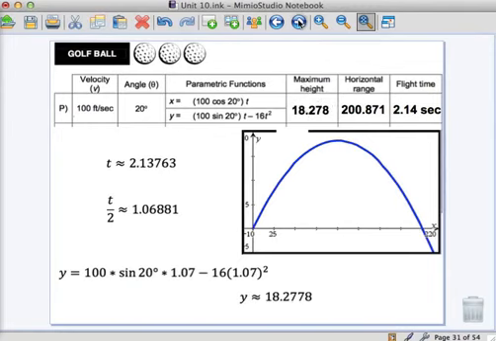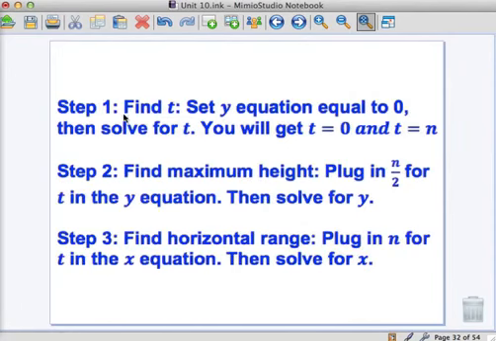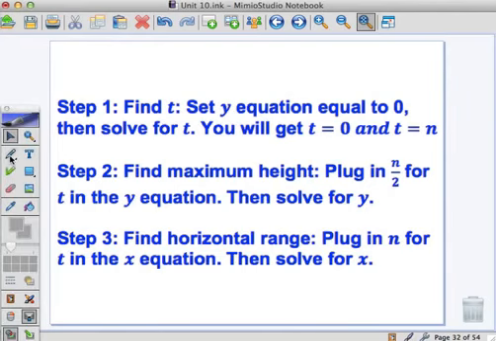So there were 3 different things we were looking for, okay? And I actually did this in a different order. But first, I set y equal to 0, and I solve for t. And with these, you're always going to get 2 values for t. You will get t equals 0, and you will also get t equals some other number. It doesn't matter what the other number is, but you have to find that other number, okay?